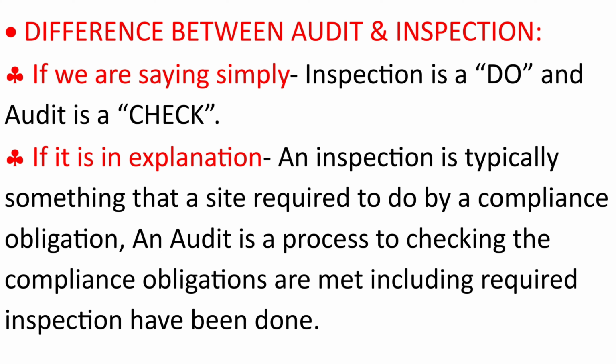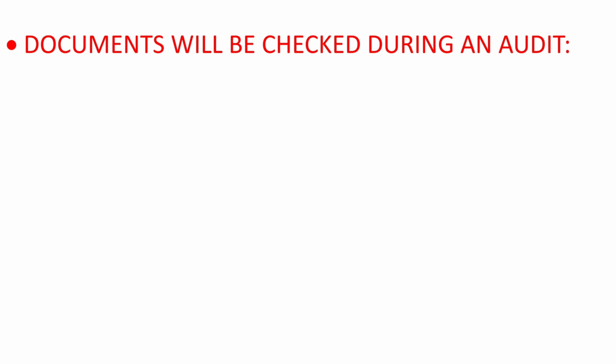Answer. If we are saying simply, inspection is a do and audit is a check. If it is an explanation, an inspection is typically something that a site is required to do by a compliance obligation. An audit is a process to check the compliance obligations are met, including required inspections have been done.